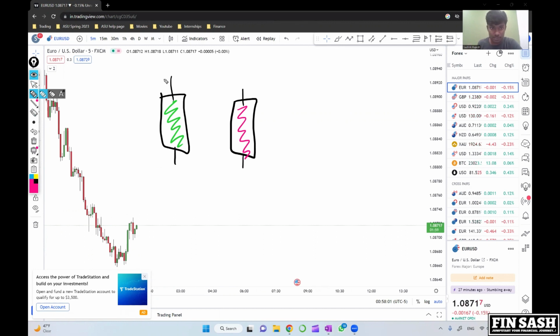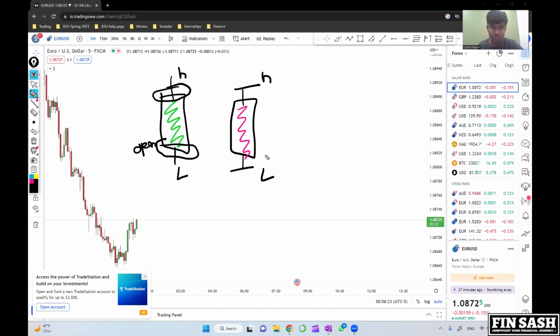Like I said, this describes the high and this describes the low for every candle. This part describes the open of that particular candle, and this part describes the close. But over here, this part describes the open and this part describes the close.